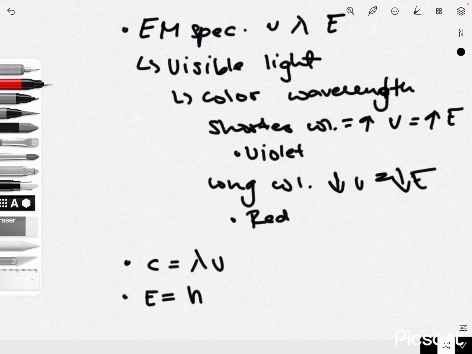You will not need to memorize this, times, yet again, frequency. So you will need to know how to use these formulas and apply them to questions, but that should be fairly simple.